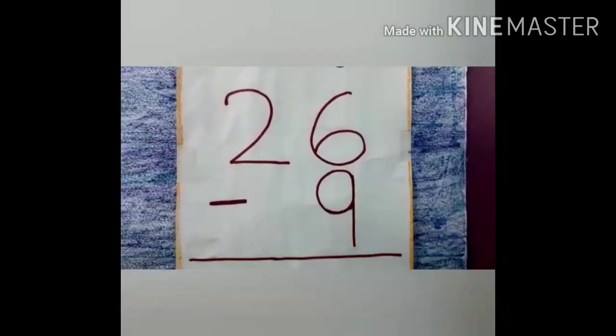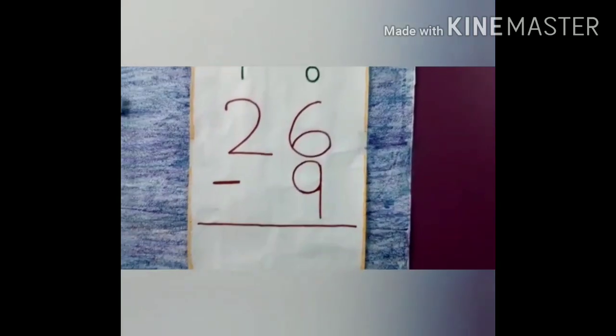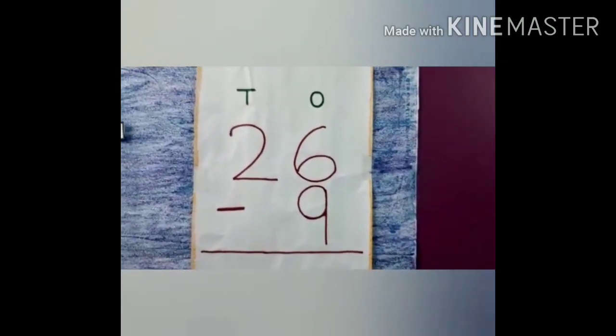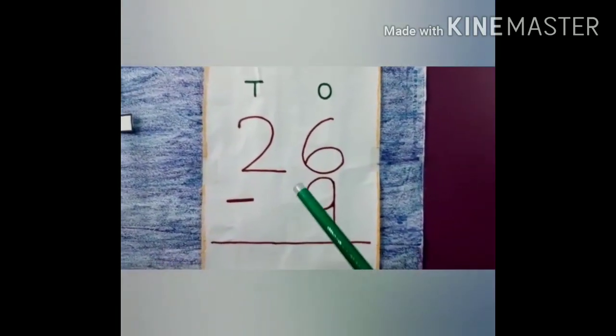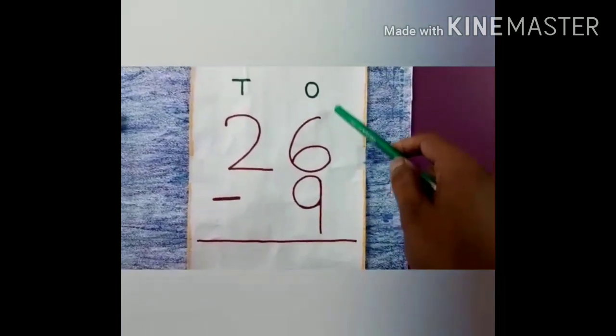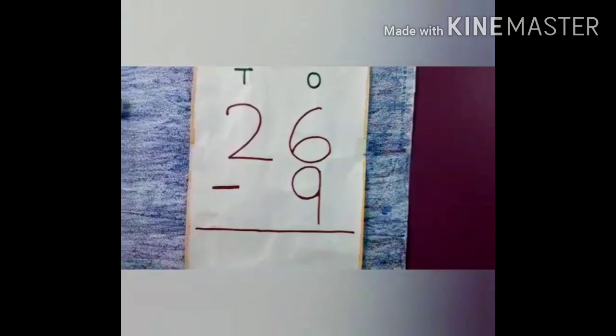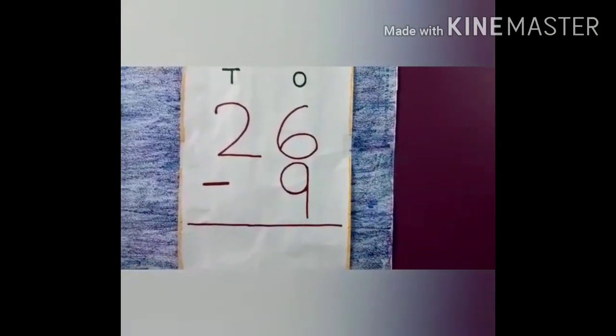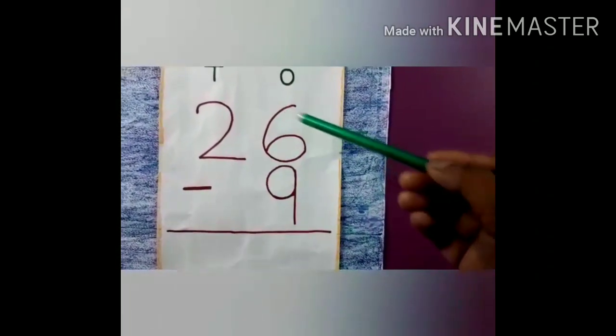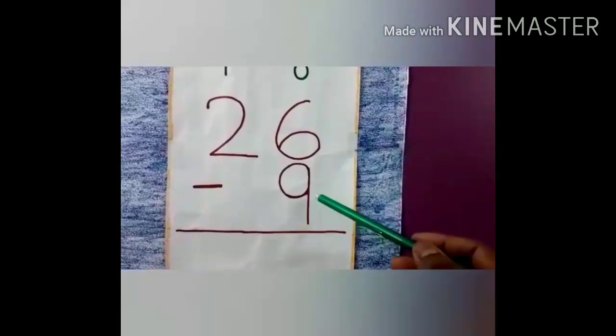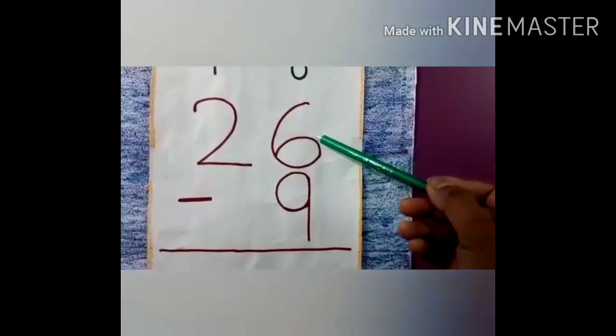Now I will start doing the subtraction, and you also remember that in subtraction we start from the ones place. From the ones place we will do the subtraction. So let's start. I have to subtract 9 from 6.